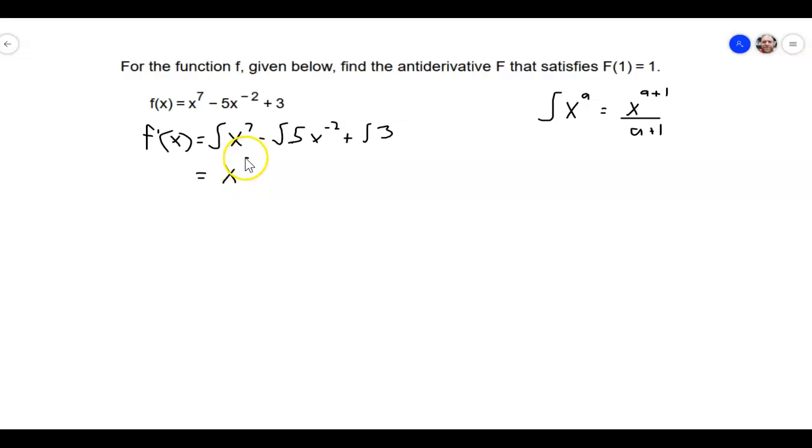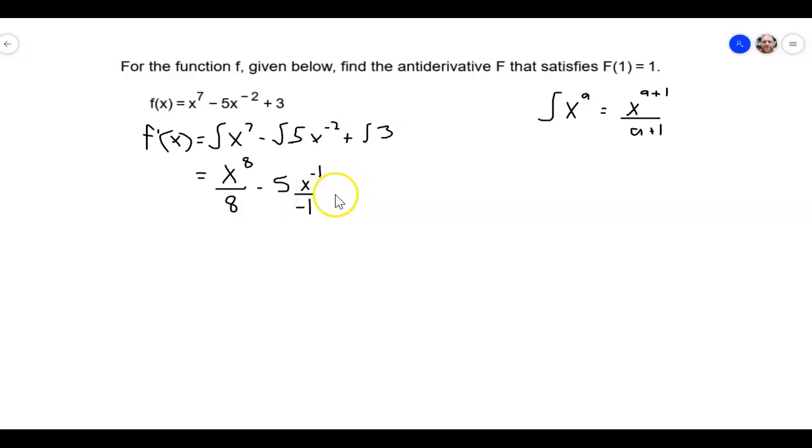7 plus 1 is 8, so x to the 8th over 8, minus. And remember the constant, we can just pull that right out to the front, so that's 5 times x. Now, negative 2 plus 1 is negative 1, and then we have to divide by negative 1.